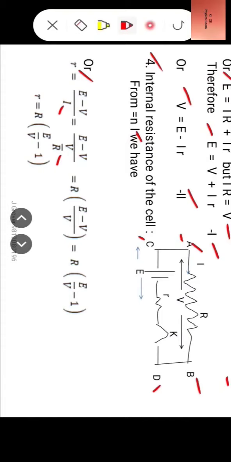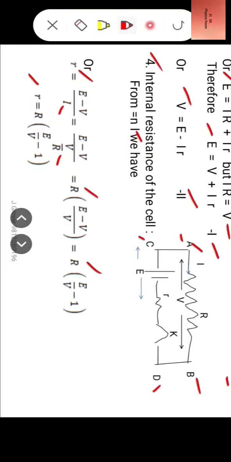And when R goes upward in the numerator, then small r becomes equal to external resistance R into E minus V by V. Or we can write internal resistance small r is equal to external resistance R into E by V minus 1. And finally, we have the expression for internal resistance r of the cell is equal to external resistance capital R into E by V minus 1.